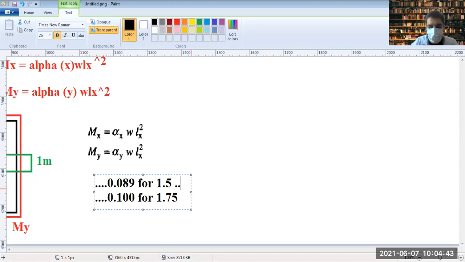This is the value of r, or Ly by Lx, for an r value of 1.75.